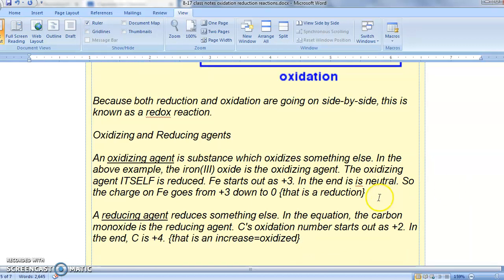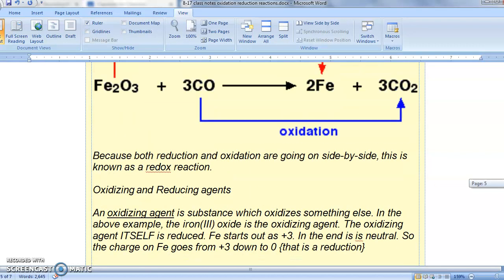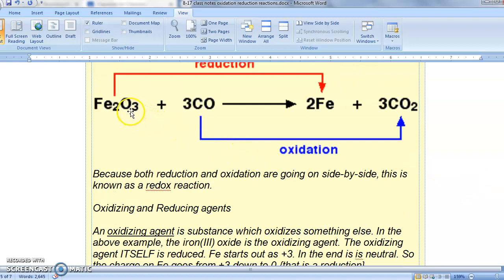Well, there are 2 other terms that relate to oxidation reduction reactions: oxidizing agent and reducing agent. An oxidizing agent is the substance which oxidizes something else. In this particular reaction, in iron 3 oxide, the iron was reduced because it oxidized the carbon over here in carbon monoxide.